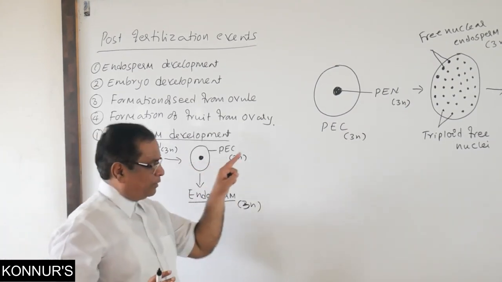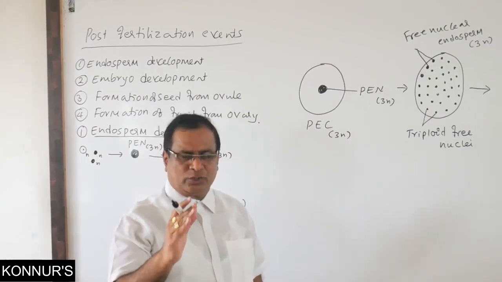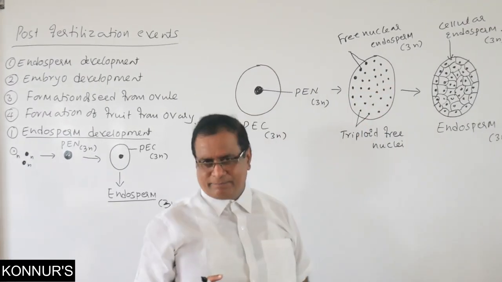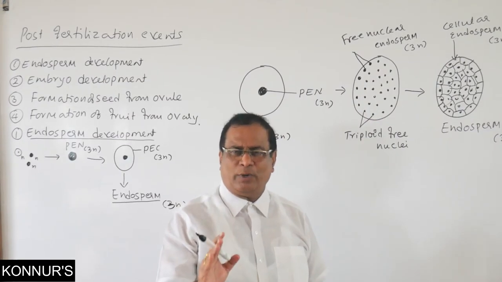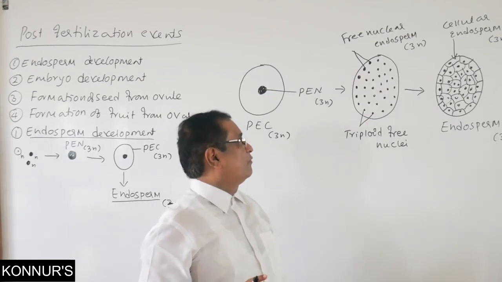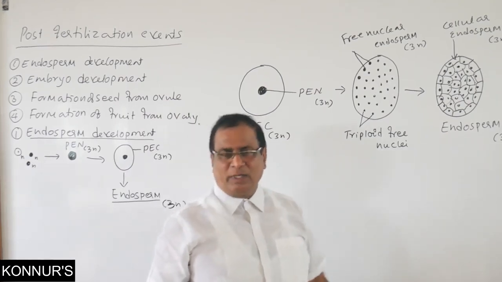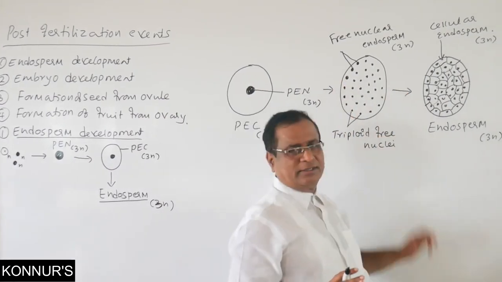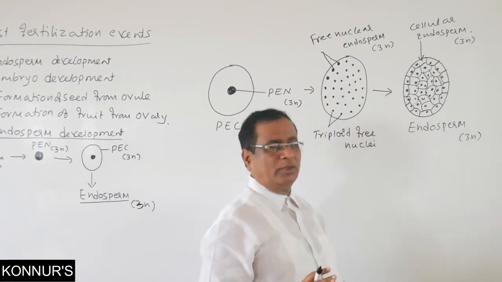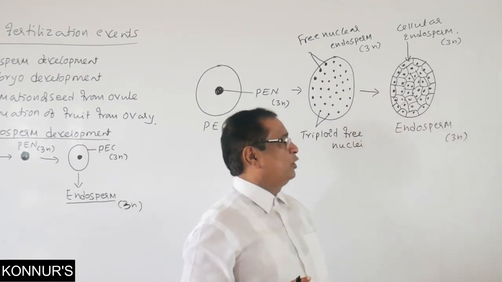That primary endosperm nucleus undergoes repeated mitotic division, leading to the formation of free nuclei. All of them are triploid. And this kind of endosperm is named free nuclear endosperm. And gradually cell wall formation starts around these free nuclei from the periphery, leading to the formation of cellular endosperm.